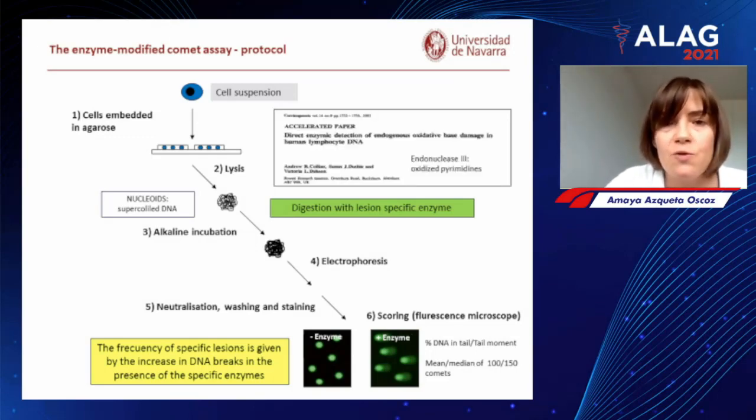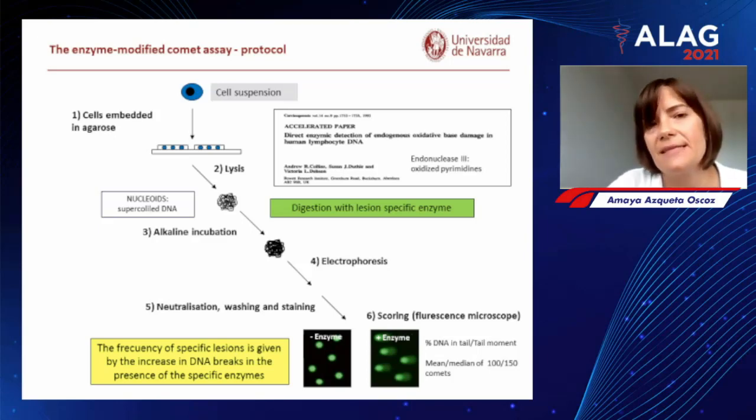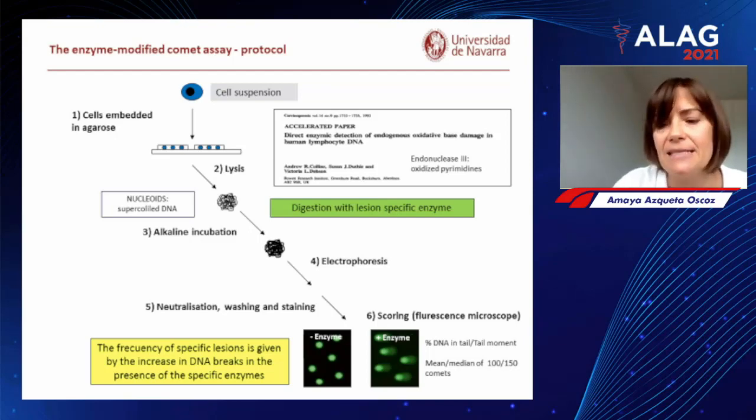This approach was described in 1993 by Andrew Collins in the paper you can see in the slide. They were using endonuclease III, which is also a bacterial enzyme, to detect oxidized pyrimidines in human lymphocytes and in HeLa cells.